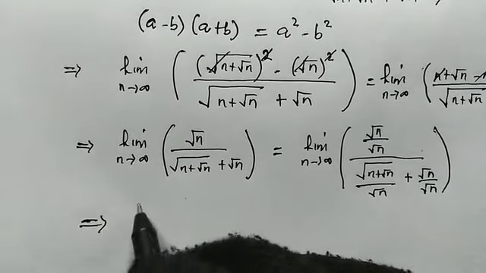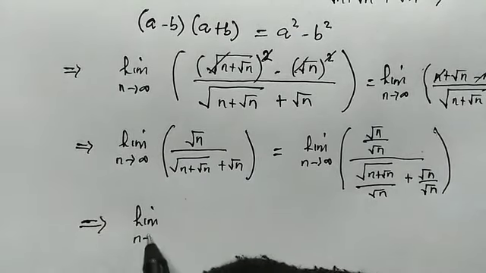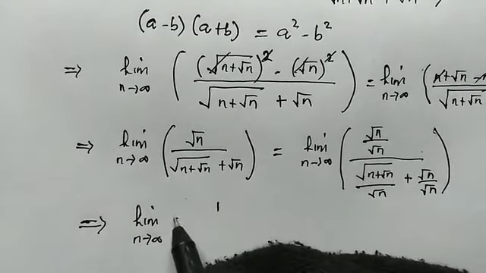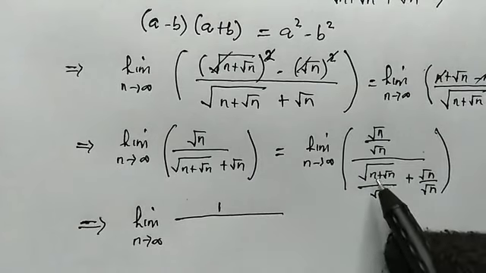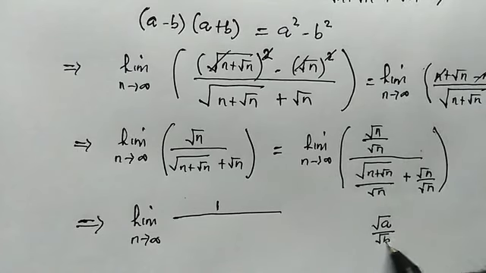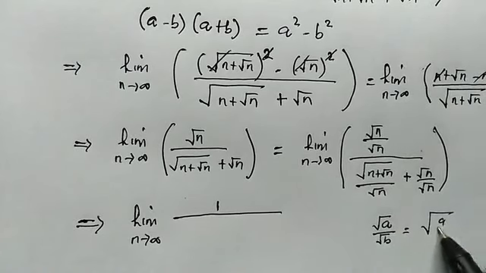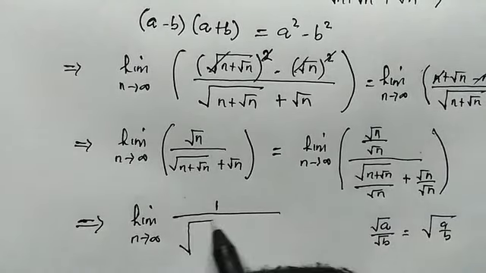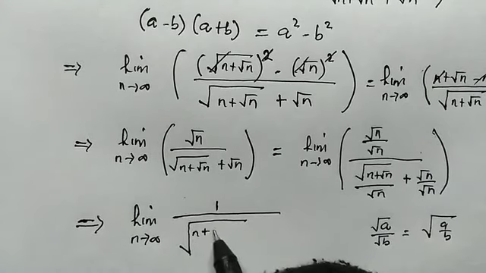So from here, we have the limit as n approaches infinity. So this exactly here is 1, then divided by, remember, when we have square root of a divided by square root of b, this is the same as square root of a divided by b. So here will be the square root of n plus root of n divided by n.